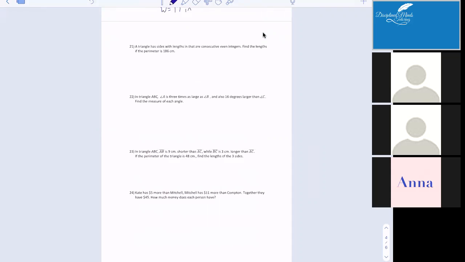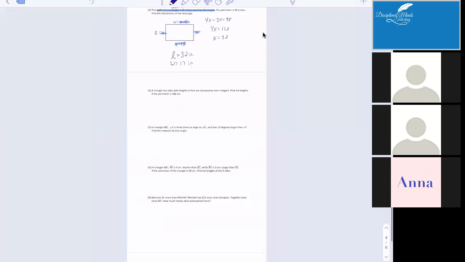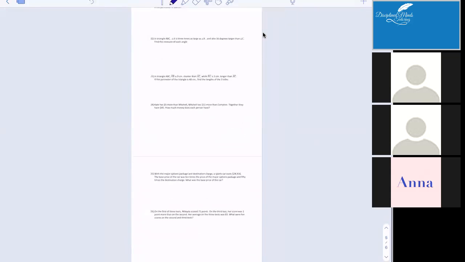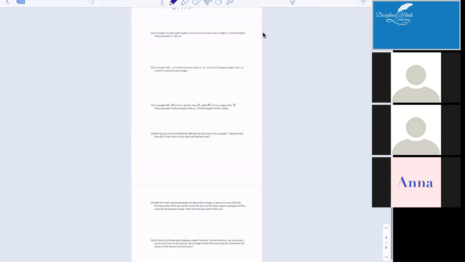Tonight, everybody's going to try these six problems. When we come to class tomorrow, I'm going to go over those six, and walk around the room to see if you've got a clue or not. Give it your best shot.